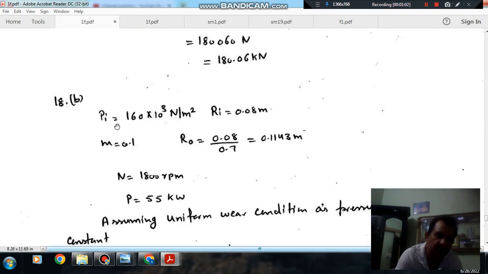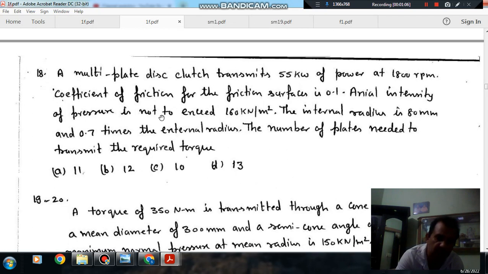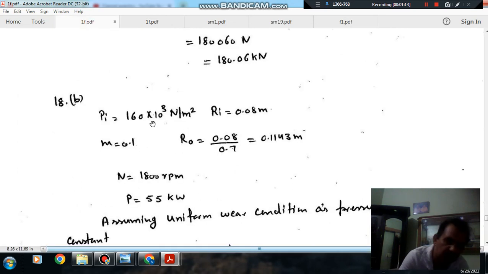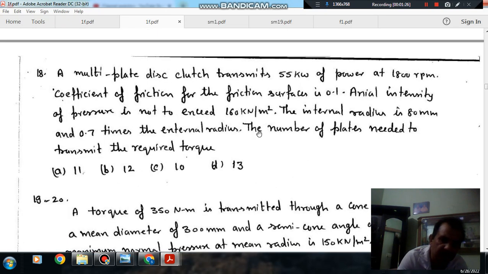So here the maximum pressure is given, because the pressure is not to exceed 160 kilonewton per meter square. So that is the maximum pressure, 160 kilonewton per meter square. The inner radius is given as 0.08 meter or 80 mm, and the ratio of inner radius to outer radius is also given.